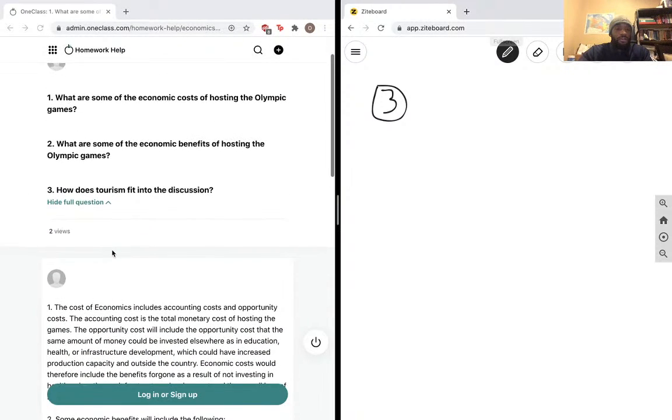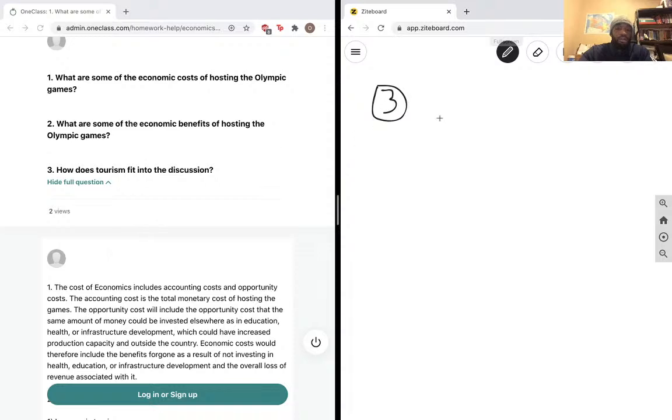So first, economic costs are equal to explicit plus implicit costs.